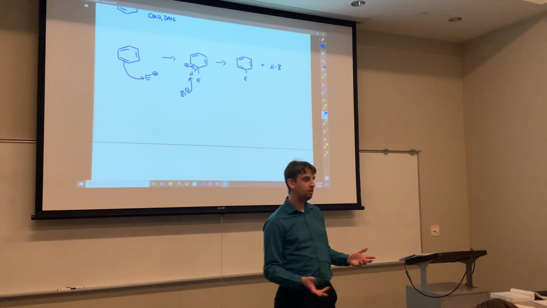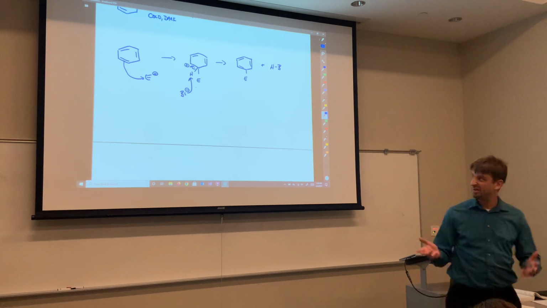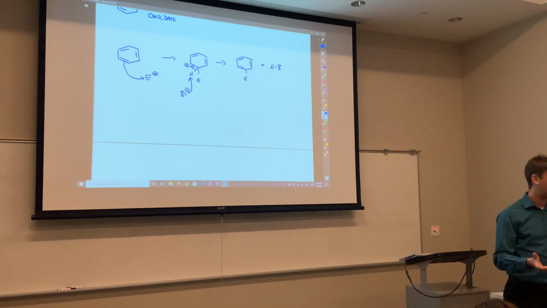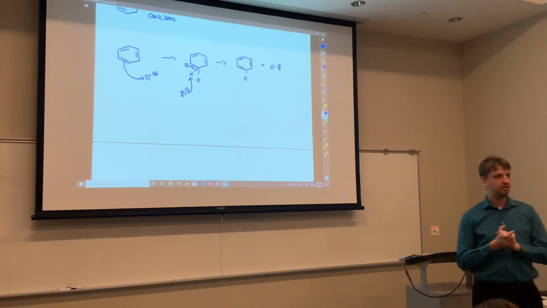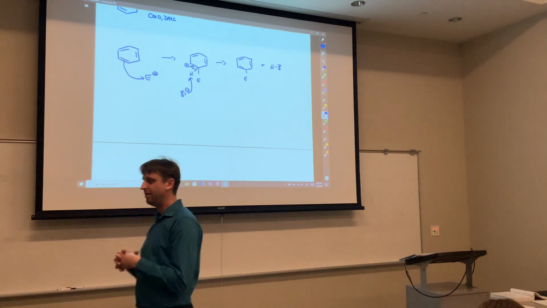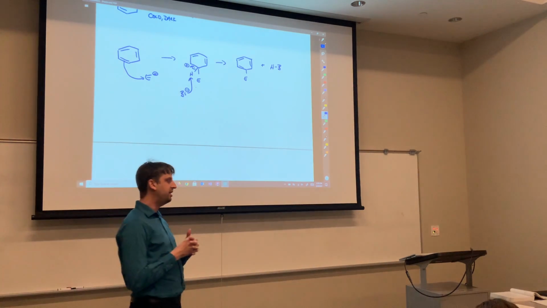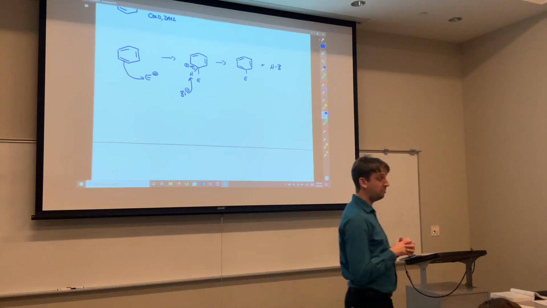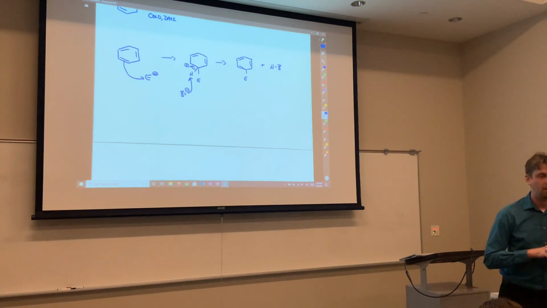Does it? Is there anything really different here than what we've seen before? A pi bond swinging out and grabbing something with a positive charge, right? The pi bond is acting as a negative to grab something positive. Have we seen that before? Yeah, right?